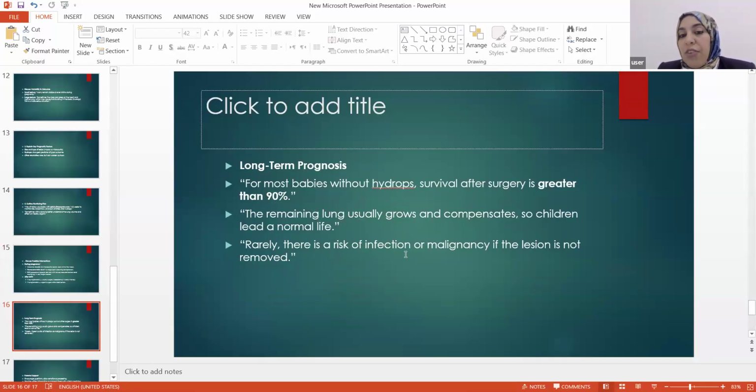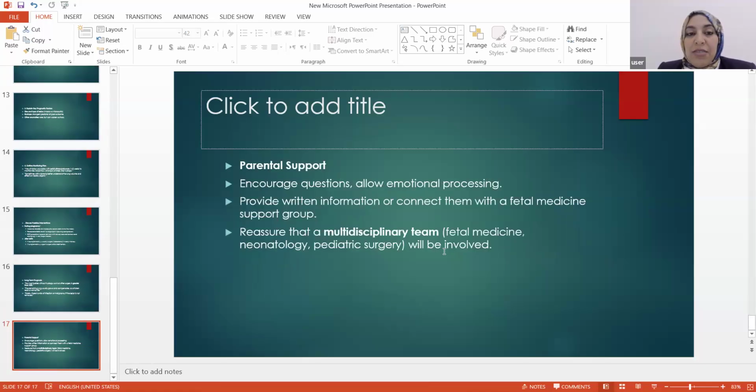If there is a risk of infection or a risk of malignancy, this will be discussed with the patient. And parent support is a very important item, the psychological support to the parents. And finally, reassure the parents, and the multidisciplinary team must be involved in this reassurance to the patient.